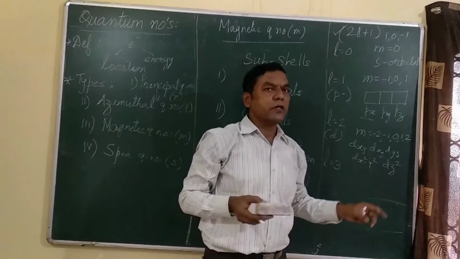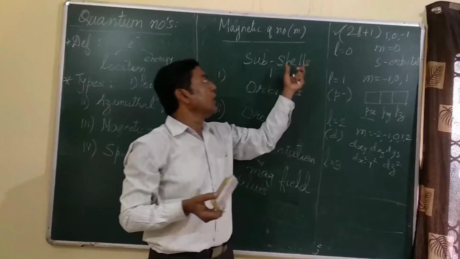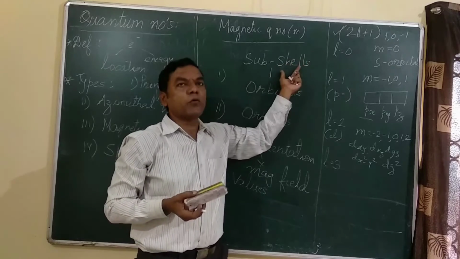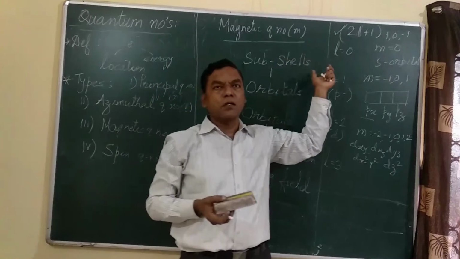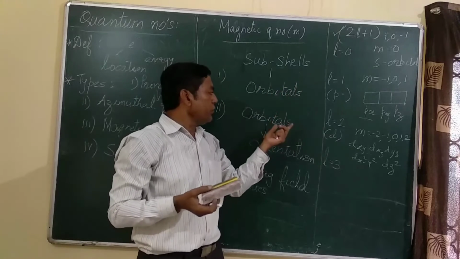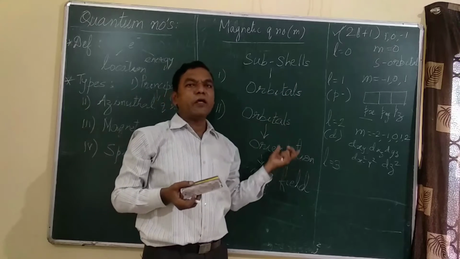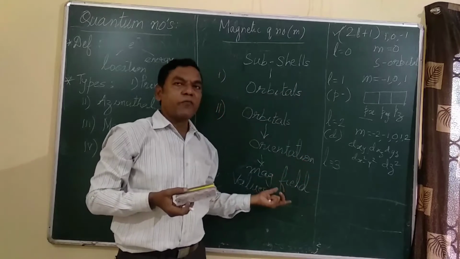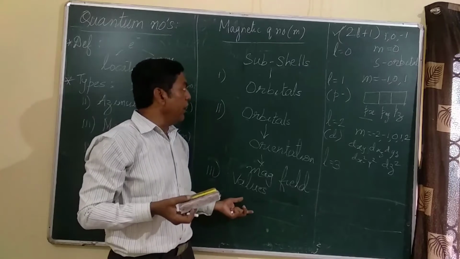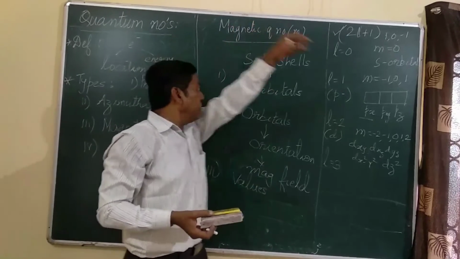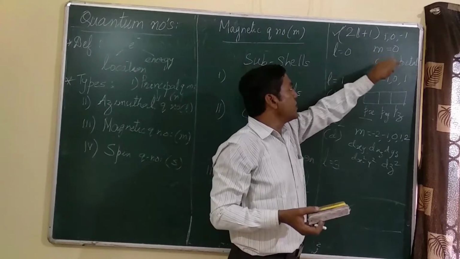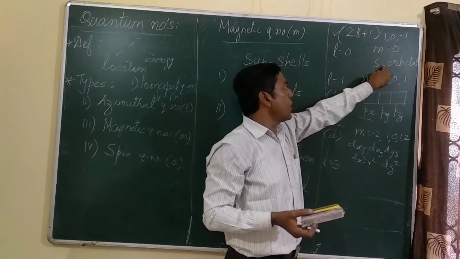So once again, a short revision of that. When we talk about the magnetic quantum number, we have to talk about how the subshells can be further subdivided into orbitals, then how the orbitals have their orientation under the effect of the magnetic field, then what the possible values of M are. If the value of L is equal to 0, then there is only one possible orientation, the s orbital.